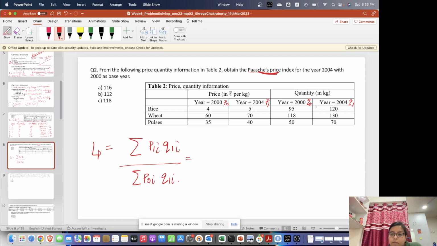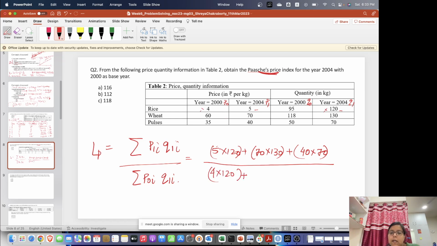So this will be P1 into Q1: 5 into 120 plus 70 into 130 plus 40 into 70, divided by P0 into Q1, that is 4 into 120 plus 60 into 130 plus 35 into 70.